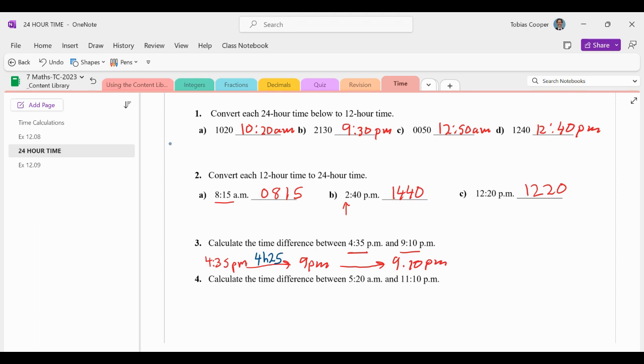Okay, and then from 9 p.m. to 9:10, that's 10 minutes, isn't it? So altogether, that is a time difference of 4 hours and 35 minutes.